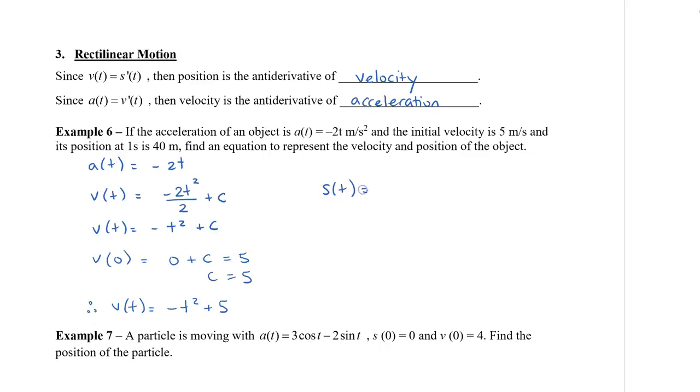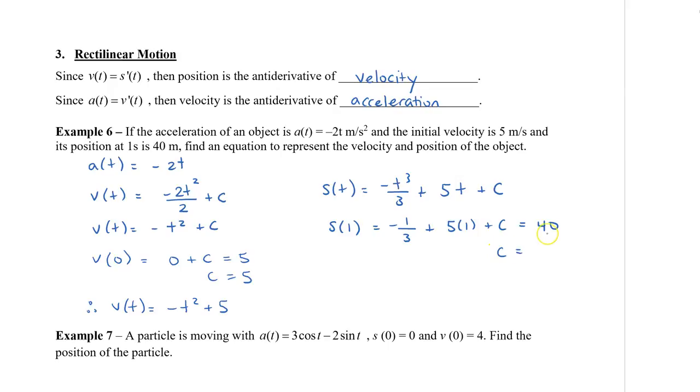My position is the antiderivative of my velocity. So I get negative t cubed over 3 plus 5t, and then plus c. The position at 1 second, it says, is 40 meters. So it's going to be negative 1 over 3 plus 5 times 1 plus c, and that equals 40.